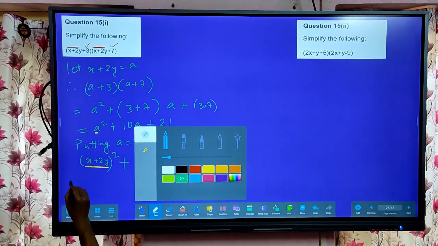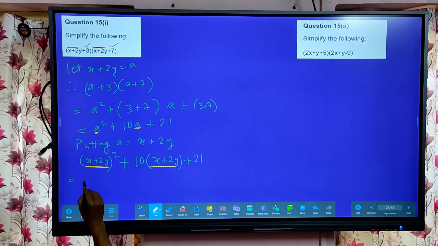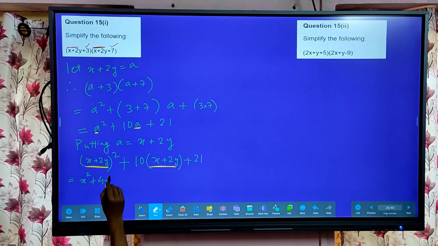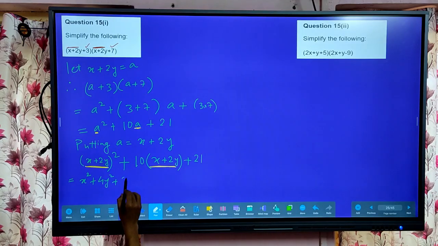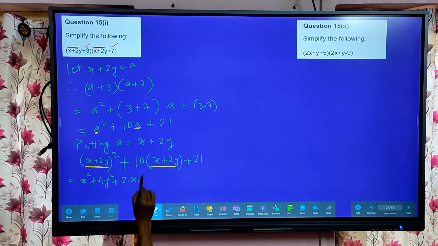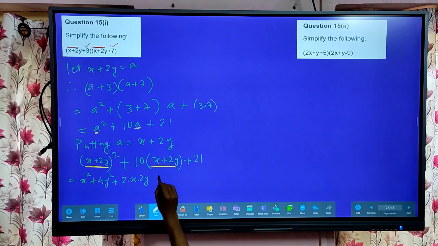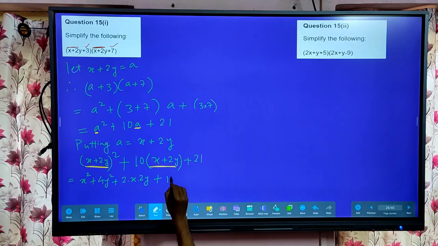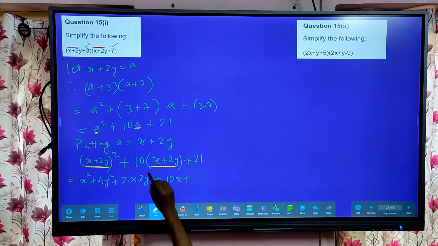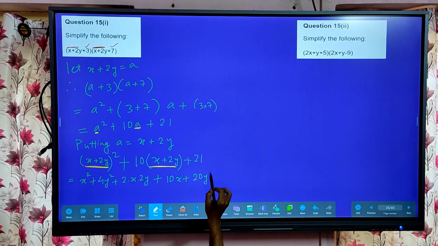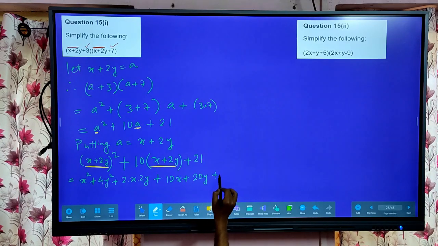It will be a square plus b square, which is x square plus 4y square, plus 2ab, 2 into x into 2y, plus 10 into x, 10x, plus 10 into 2y, 20y, plus 21.